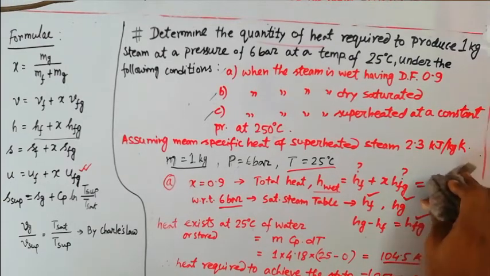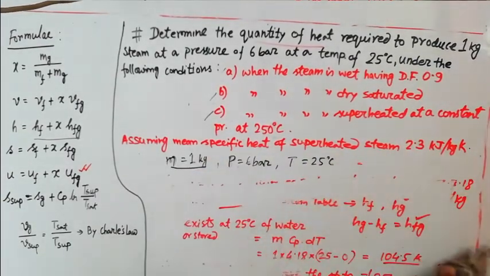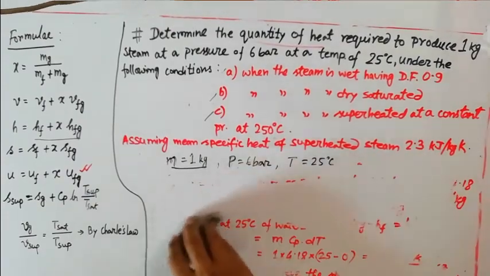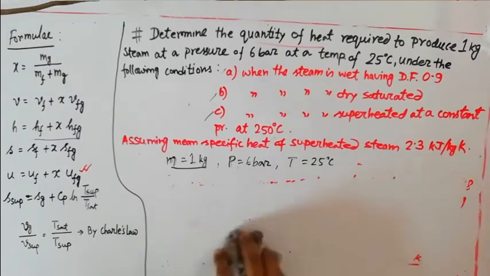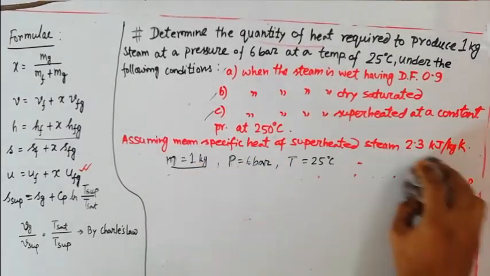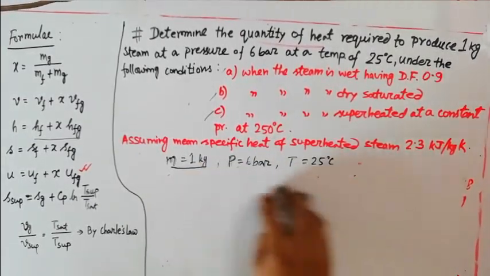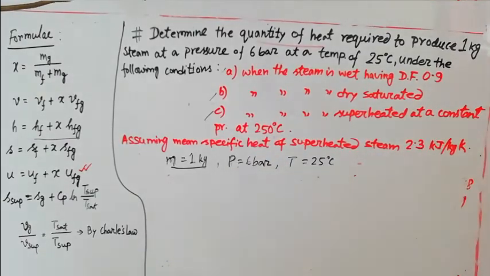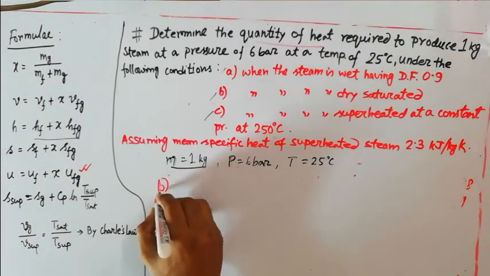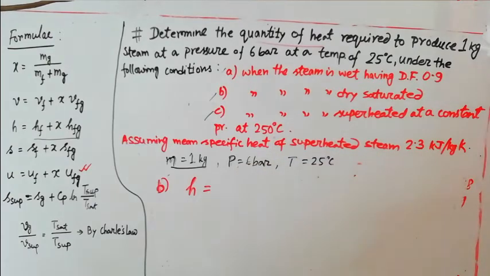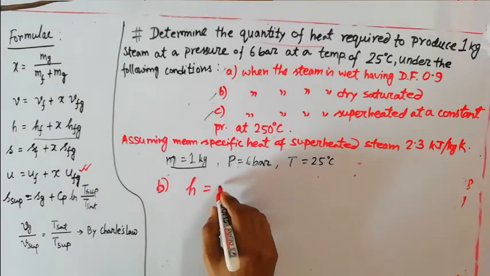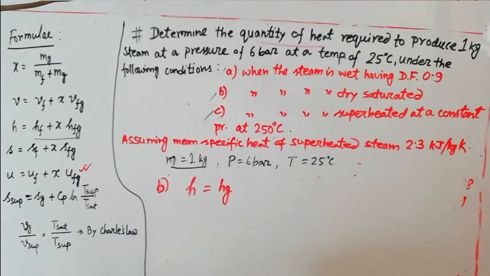Okay, now going to the part B problem. Part B says that when the steam is at dry saturated condition, at that point of time the enthalpy stored is condition B. While the steam is dry, the enthalpy at the dry condition is written as Hg.